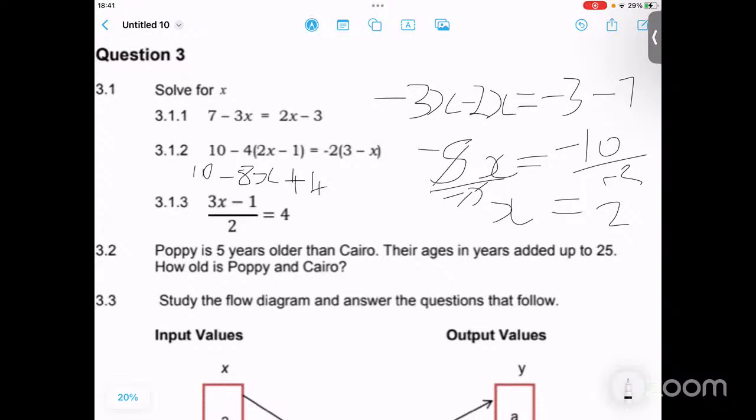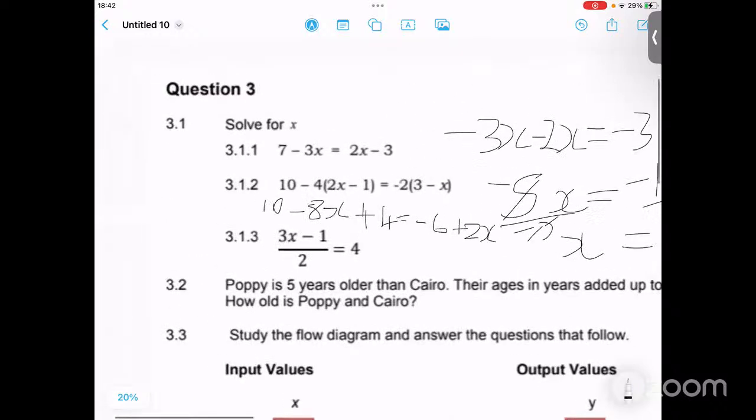And then, ma'am, I'm going to times -2 by 3 and -x, which I get -6 plus 2x. And then I'm going to move my -8.